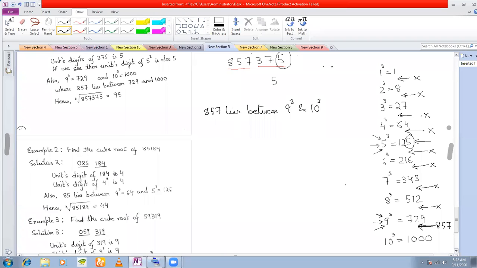So you choose the lower digit. Which is the lower digit here? 9. You choose this digit and you write here. So therefore, what you get is cube root of 857375 is this number, 95.